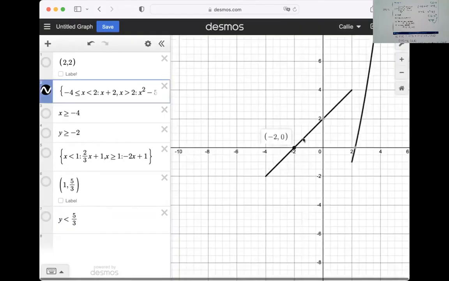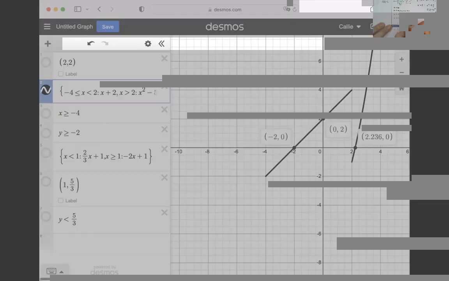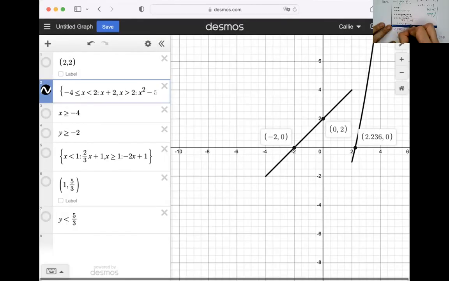The equation between -4 and 2, where we have 2 intercepts. And then for the other equation, we have 1 x-intercept. So our intercepts were -2, 0, 0, 2, and then we have 2.2360.